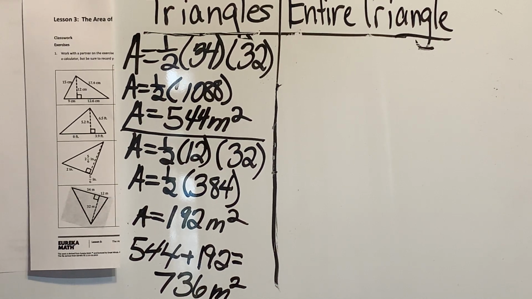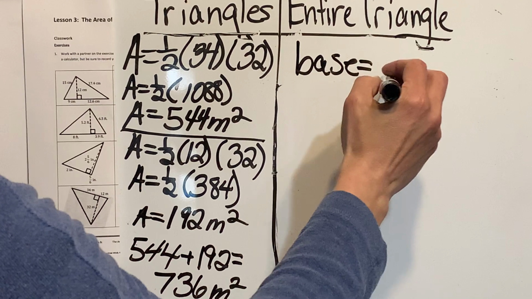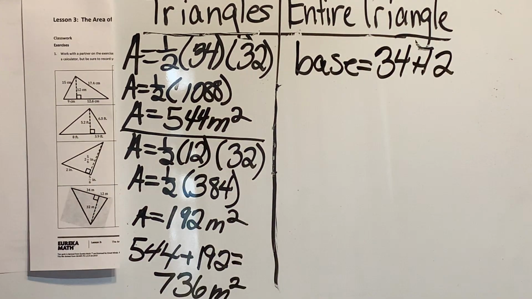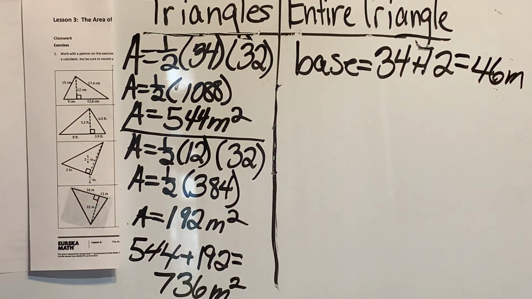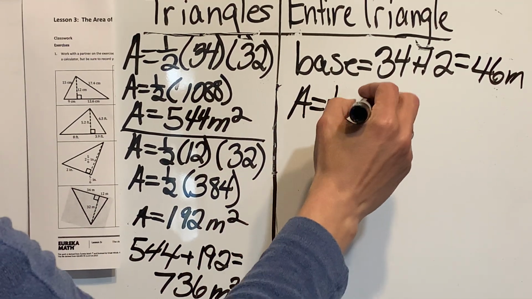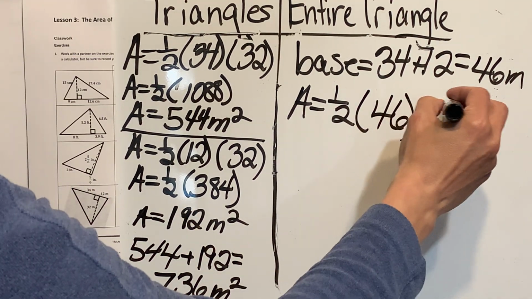Now let's see, when we do the entire triangle, what we get. Well, we know that we have the base of, and we have to add this up, 34 plus 12. And that gives us a grand total of 46 meters. So now we can use that to find the area. Half base, which we said was 46, times height, which we said was 32.